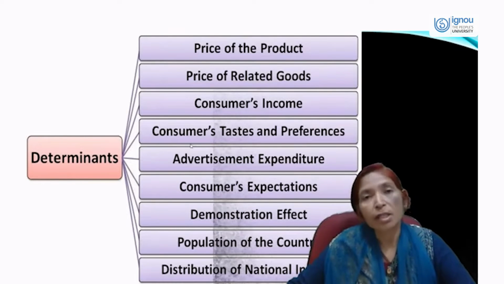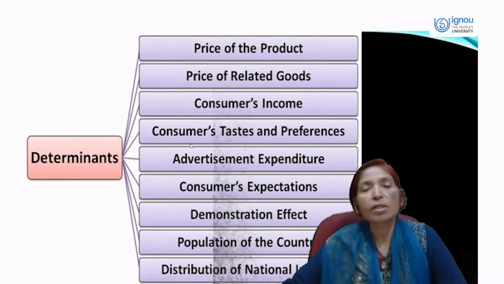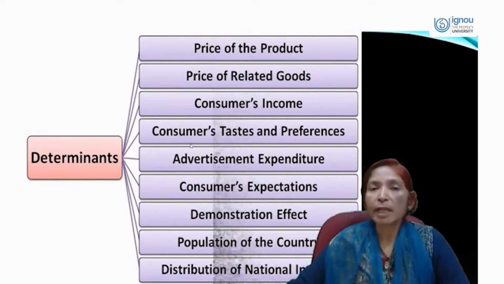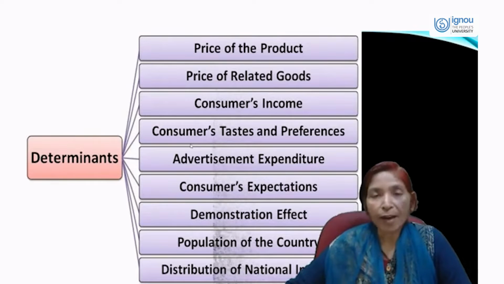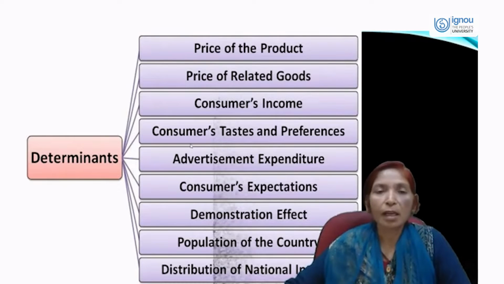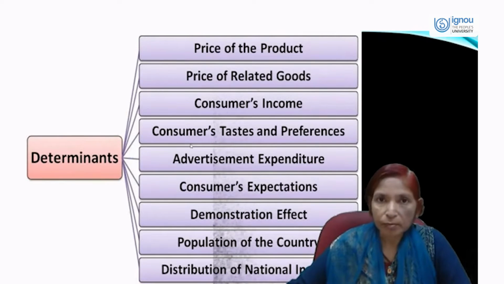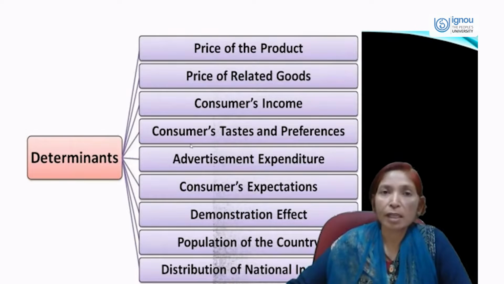Third is necessities goods. Necessities goods are those goods which are demanded by the consumer without any effect of an increase or decrease in the income level of the consumer. Either income increases or decreases, it doesn't affect the demand for the commodity.